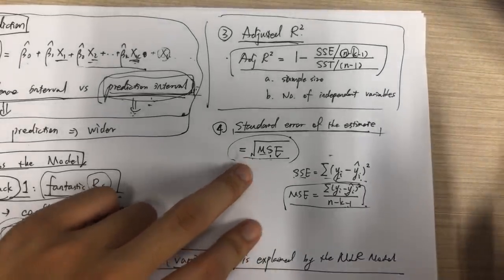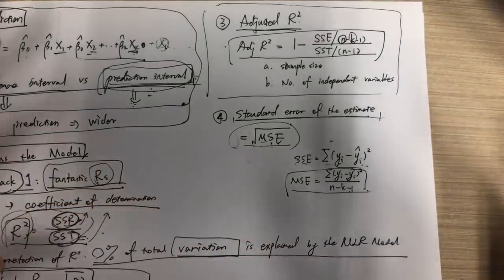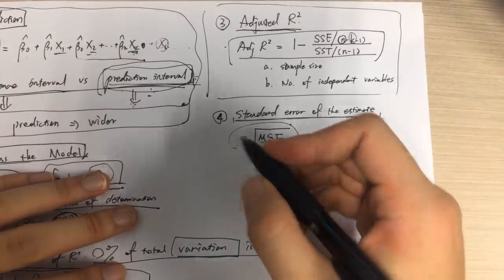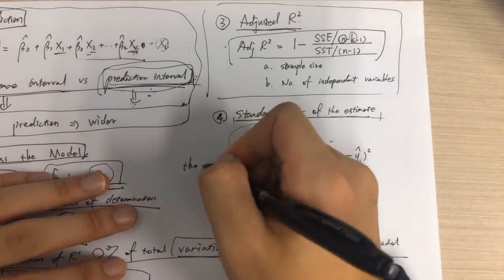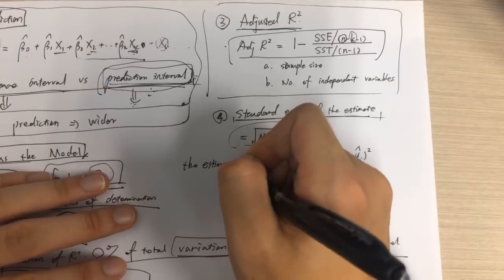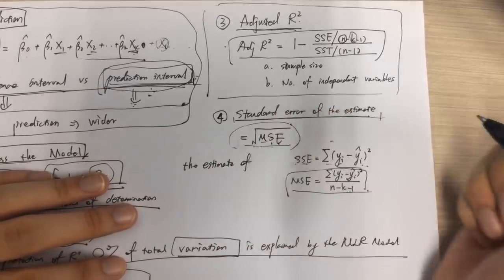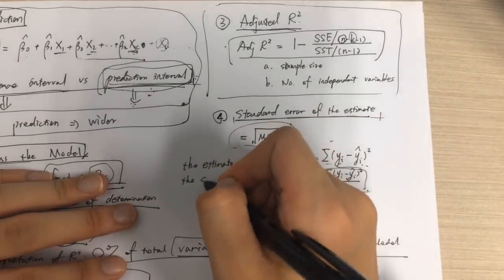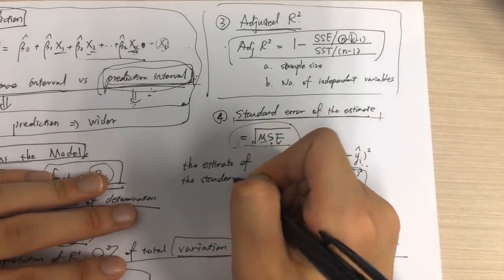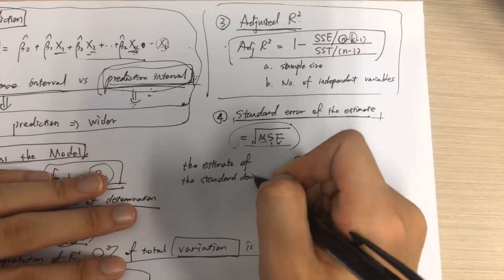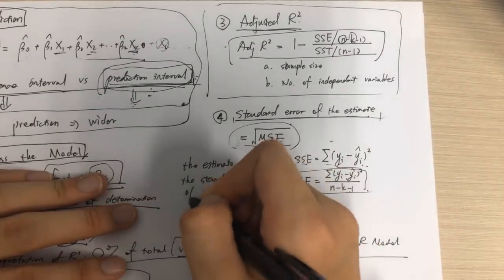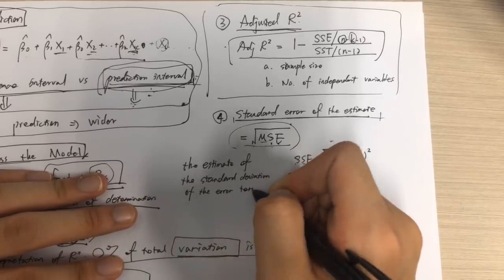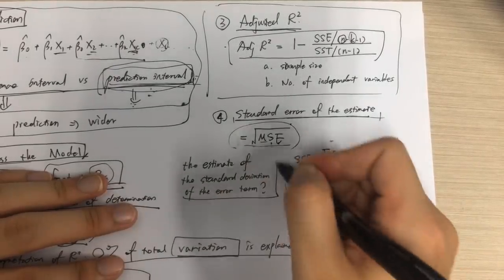So why is this so important? Because many times the question tends to ask you, what is the estimate of the standard deviation of the error term. Well, hopefully you still remember the error term, right?